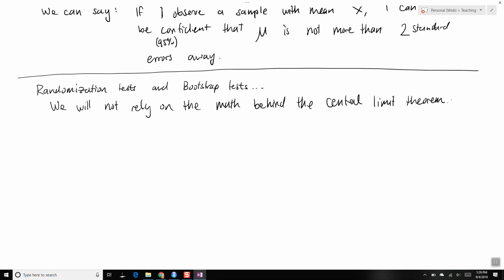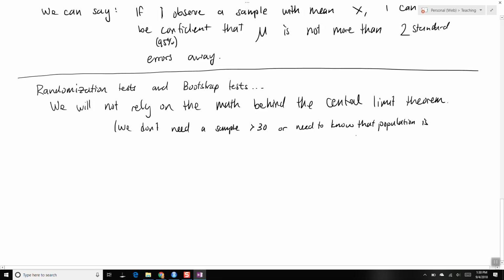So with the randomization and bootstrap tests, we're not relying on the central limit theorem, so we don't need a sample greater than 30, or need to know that the population is unimodal and symmetric. These are not required anymore.